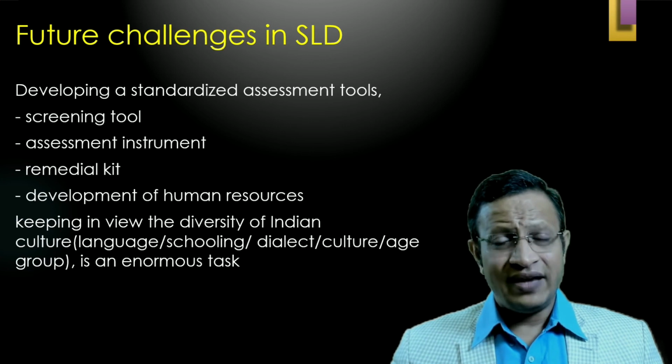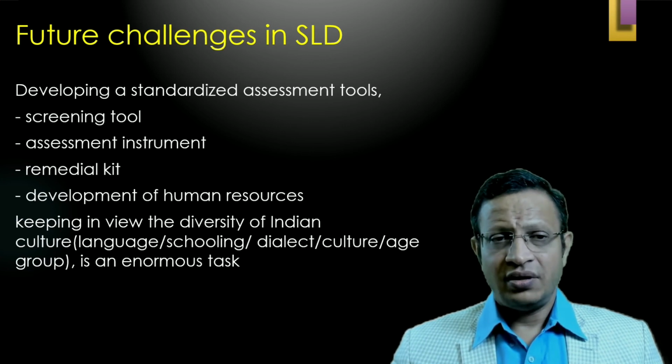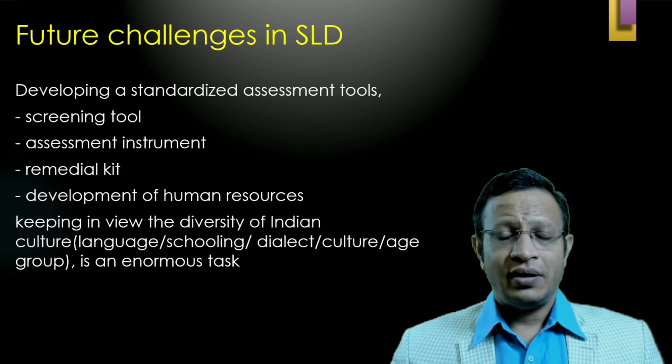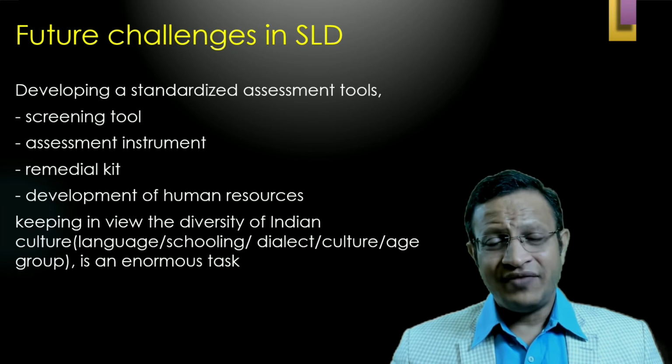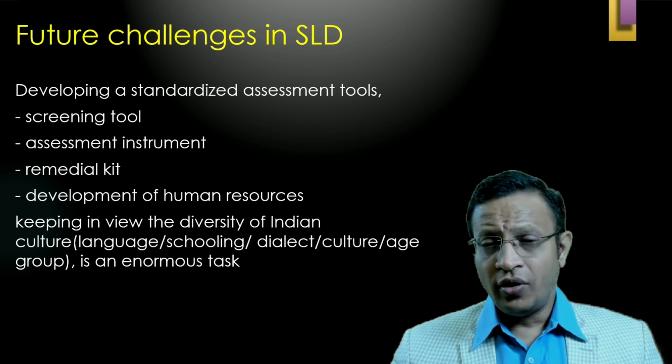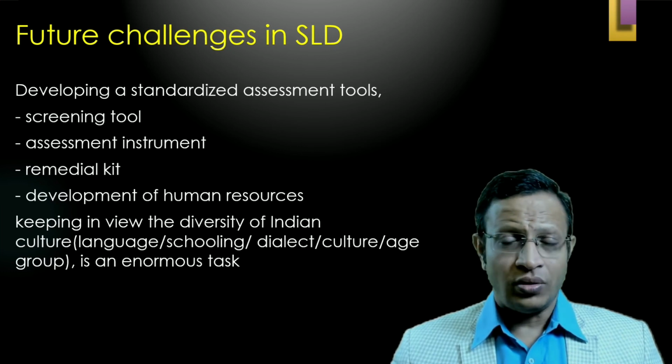Keeping in mind this diverse population of various languages, schooling, rural areas, dialects, cultures, and age groups, in India we have an enormous, mammoth task. We have children below 14 up to 30 crore.